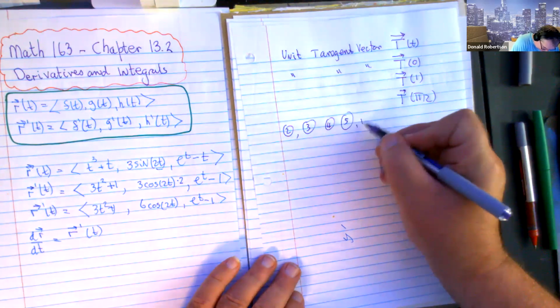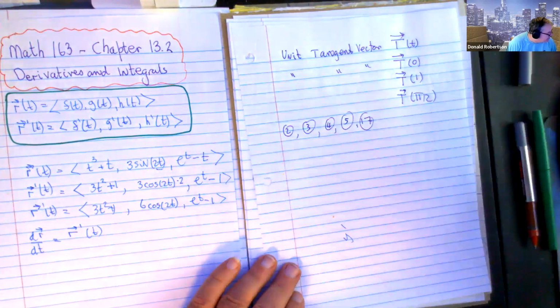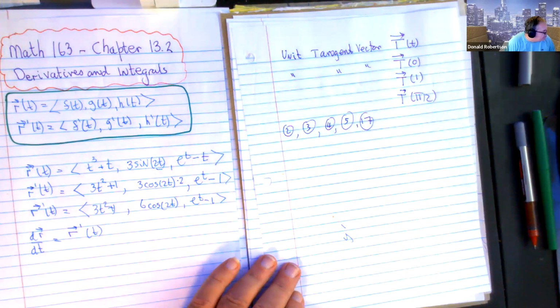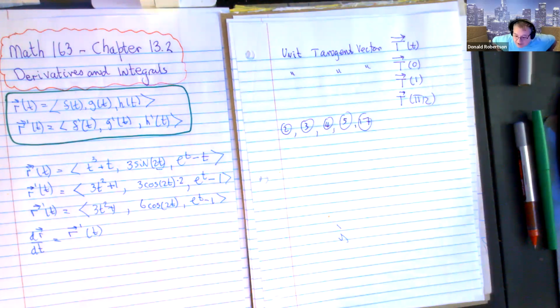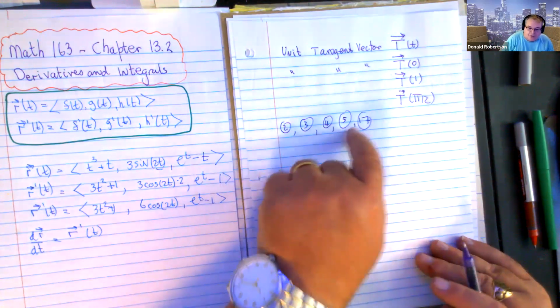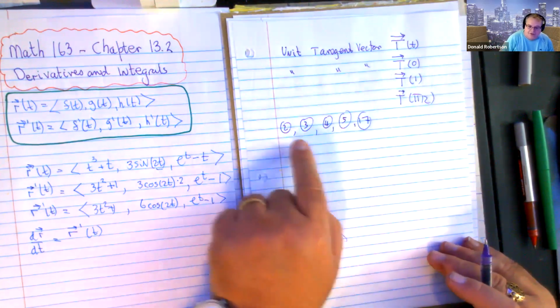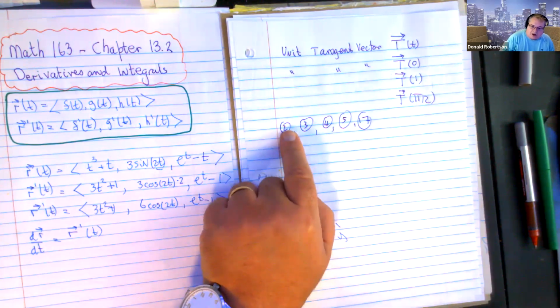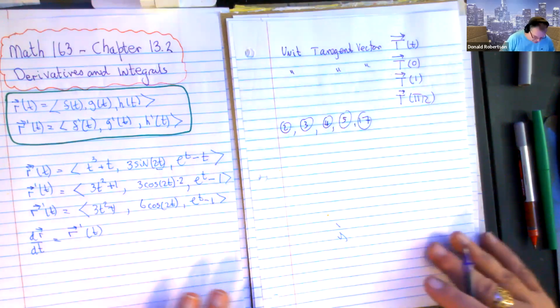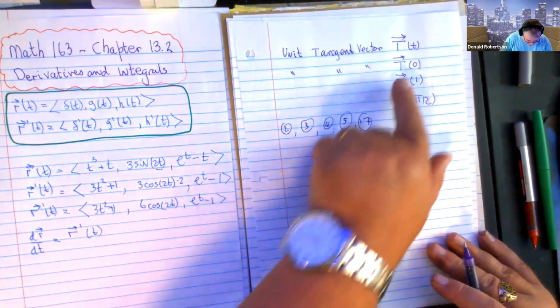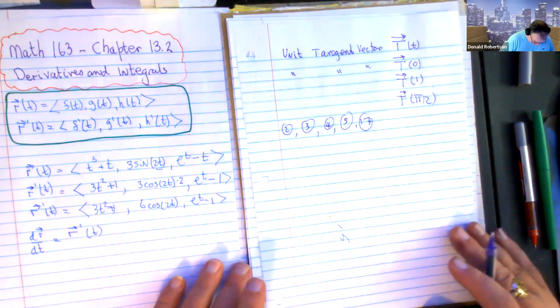Yep. 17. That's it. So there's 5 different situations, 5 different questions. And a lot of these questions don't just ask for one thing. So this question might find r of t, r dashed of t, the unit tangent vector at t, and r dashed cross r double dash, right? They'll ask you A, B, C, Ds. But one of the things they'll ask you for is the unit tangent vector.